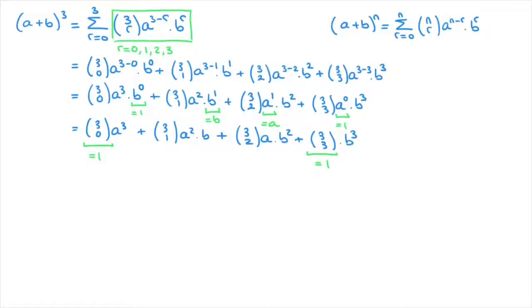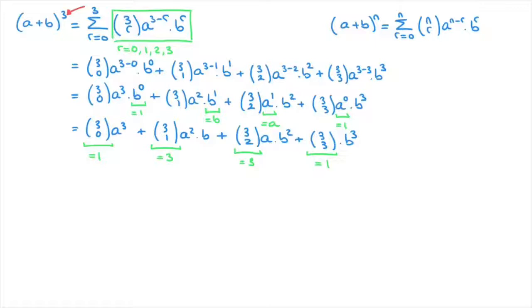The second trick to keep in mind is that the second binomial coefficient, as well as the second to last binomial coefficient, will always equal the power to which the binomial was raised. So in this case, 3. So we can go ahead and state that the binomial coefficient 3 1 equals 3, and the binomial coefficient 3 2 equals 3.